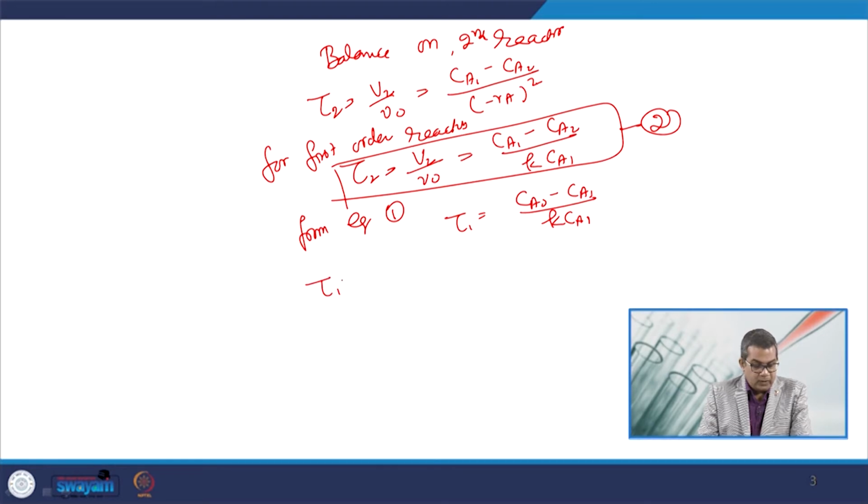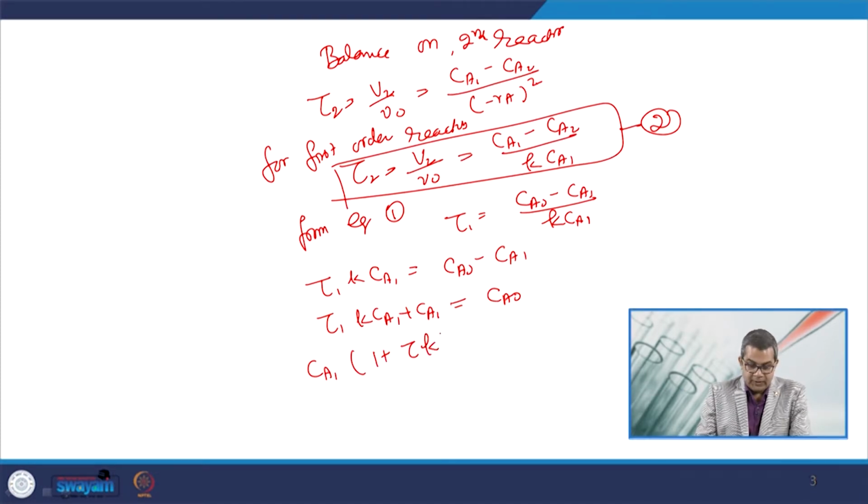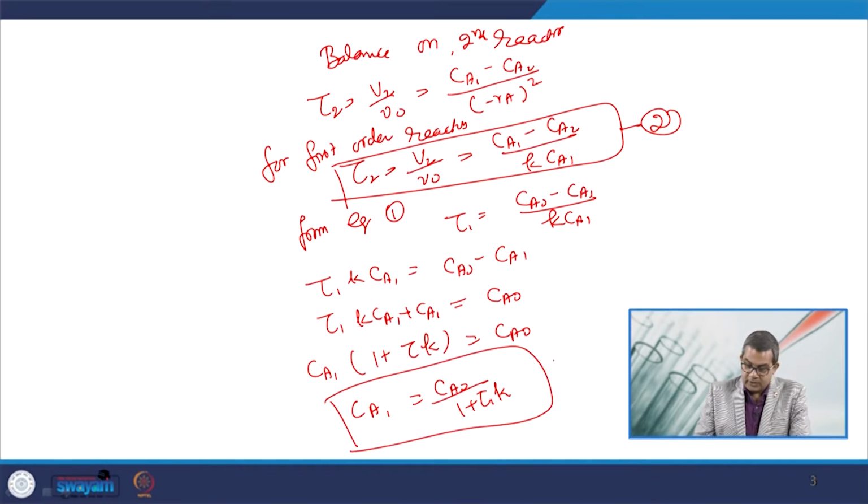So it can be tau 1 K Ca1 is equal to Ca naught minus Ca1, or tau 1 K Ca1 plus Ca1 is equal to Ca naught, and Ca1 into 1 plus tau 1 K is equal to Ca naught, or Ca1 is equal to Ca naught upon 1 plus tau 1 K. Now this becomes equation number 3.